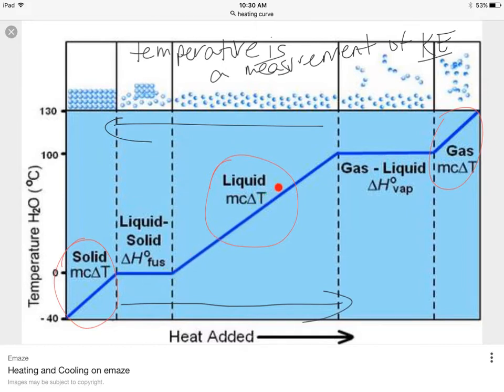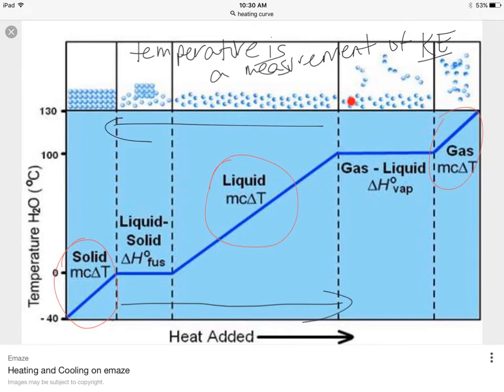And that's when you would heat up a liquid. Once you got to a certain magical temperature, for each substance it's different, it's called the boiling point, you will then cause the molecules to move farther apart. That's when you're going through a phase change. So again, when you get to these phase change temperatures, you're no longer making the molecules or the atoms move faster.